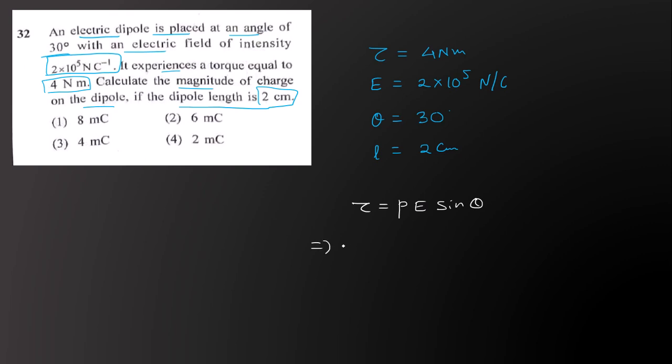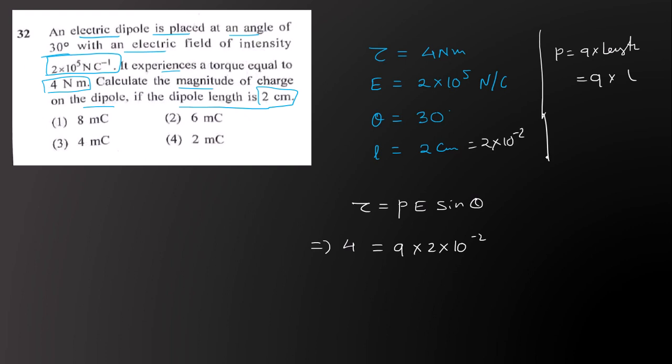So this is 4 equal to, what is my dipole? Well, dipole is equal to charge multiplied by length. So this is multiplied by this L. Charge multiplied by 2 into 10 power minus 2, because it is in centimeter, so I have to convert this. 2 into 10 power 5, and sine of 30 is nothing but half.